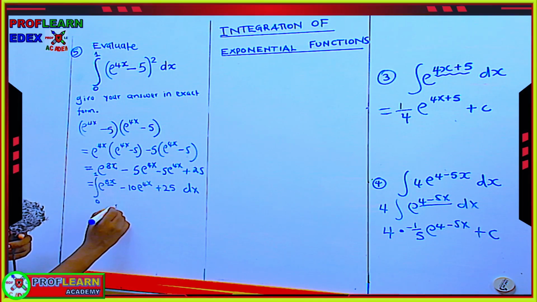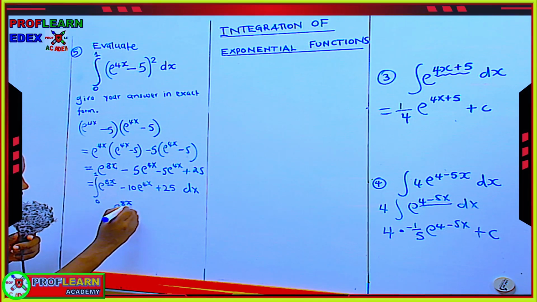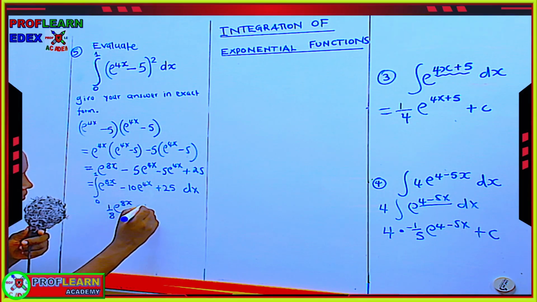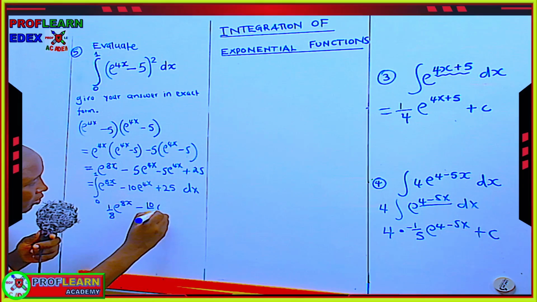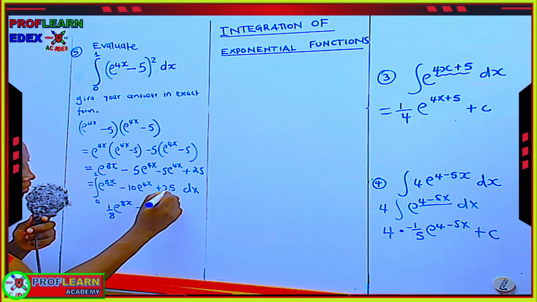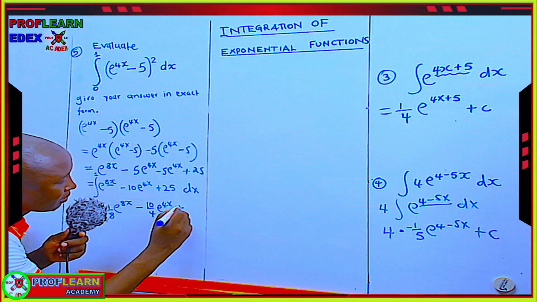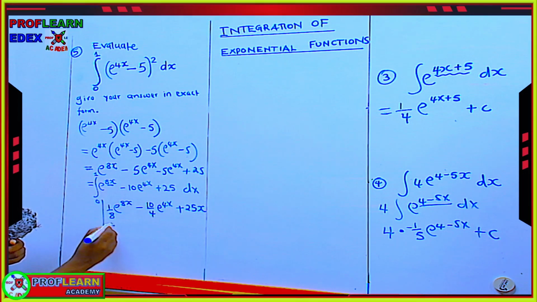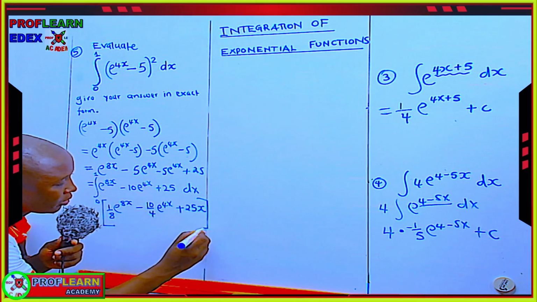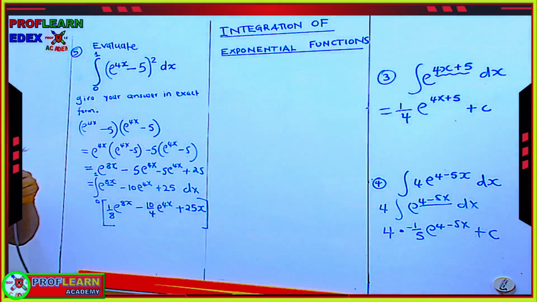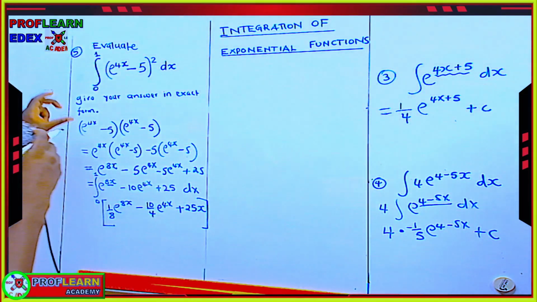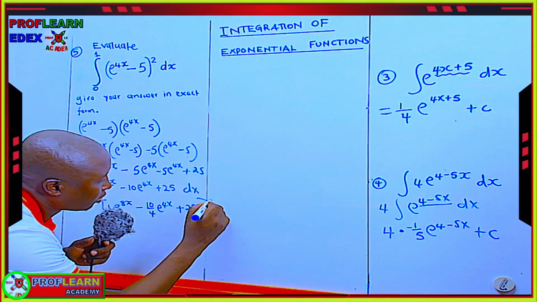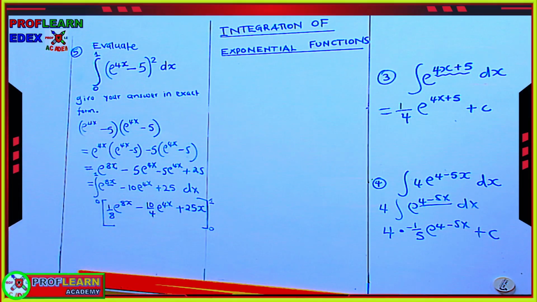So it will be 1/8 e to the 8x minus 10/4 e to the 4x. Integrating this, we get plus 25x. We are not going to include the constant because we have the limits. So this is 0 and this is going to be 1 there.